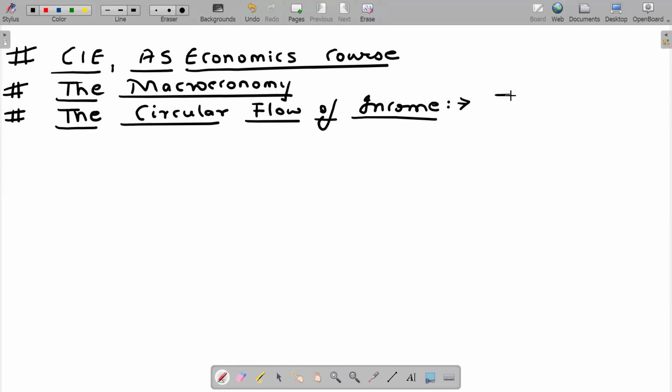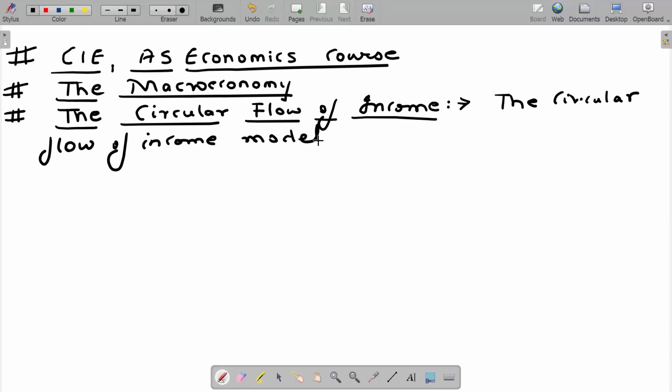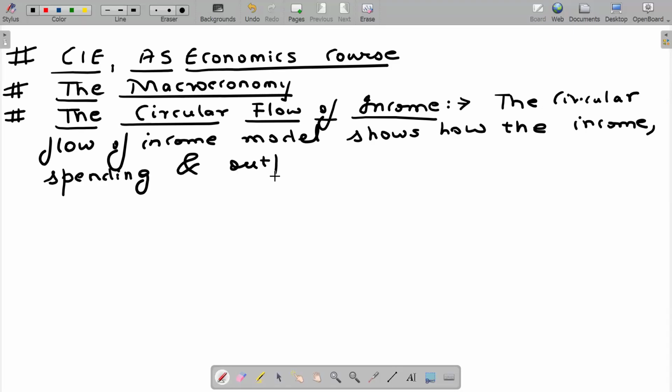So I can say that the circular flow of income model shows how the income, spending, and output move around an economy.